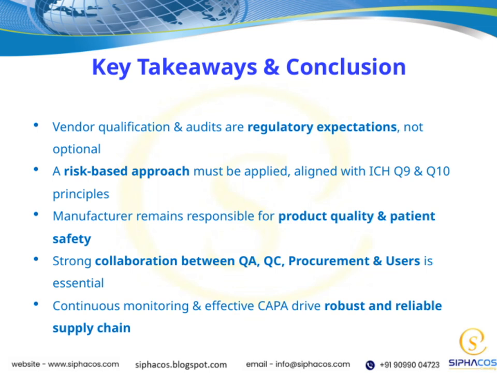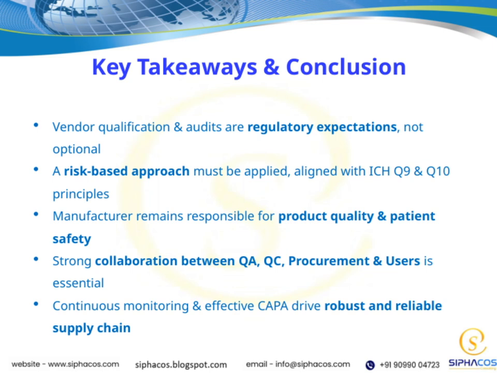These guidelines help us prioritize efforts and allocate resources effectively, focusing on areas that pose the greatest risk to product quality and patient safety. Remember, the manufacturer remains responsible for ensuring the quality of the product and safeguarding patient safety throughout the supply chain. That means we can't delegate or overlook these responsibilities. They are central to maintaining trust and compliance.